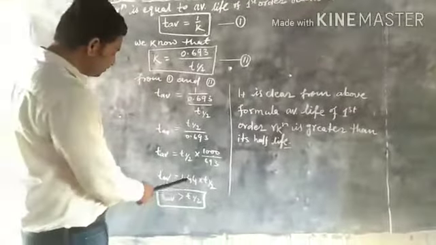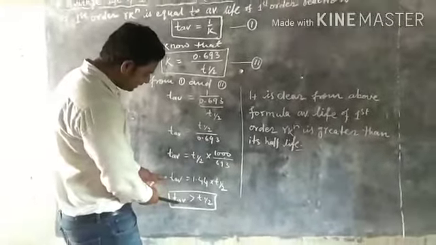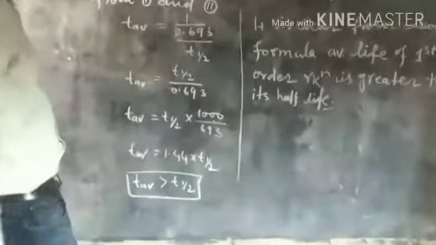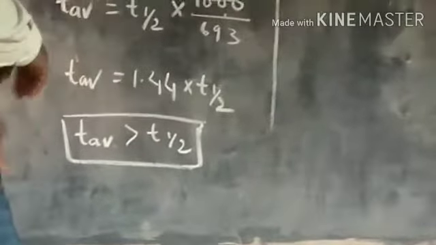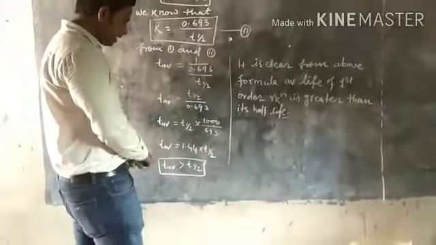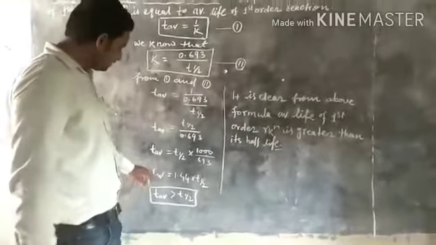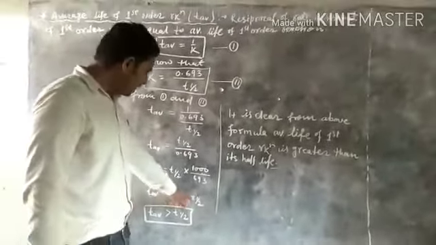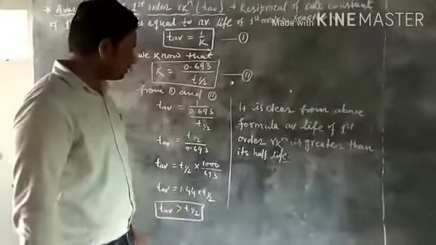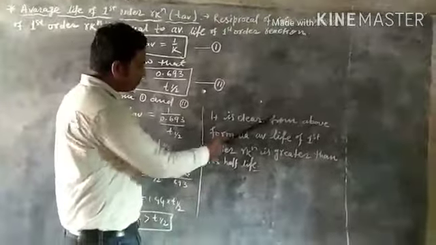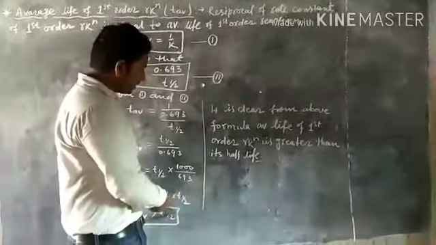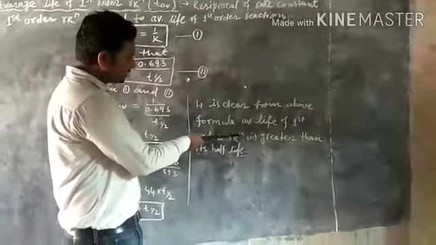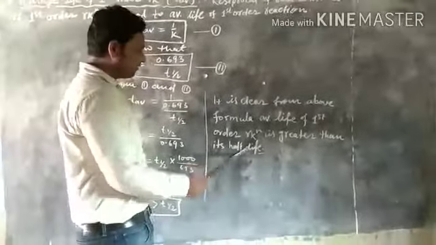So it is clear from here that T average is greater than T half, because T average is 1.44 multiple of T half. So dear student, it is clear from this formula that average life of first order reaction is greater than its half-life.